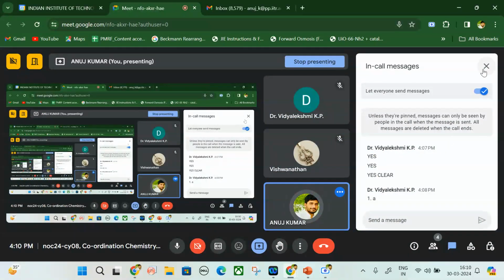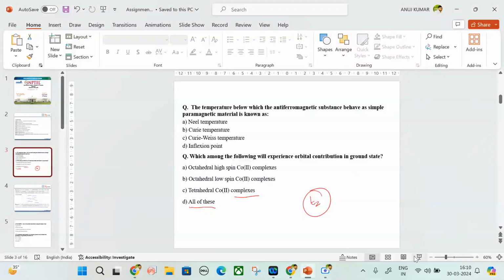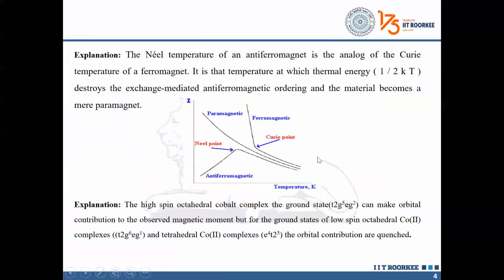Okay, so first is A, right? And what about the second one? Yeah, let me explain. Okay, so the Néel temperature of an antiferromagnet is the analog of the Curie temperature of a ferromagnet. Okay, so you can see up to this temperature, that is the Néel temperature, the substance behaves as an antiferromagnetic material, and above that temperature it behaves as a paramagnetic substance.